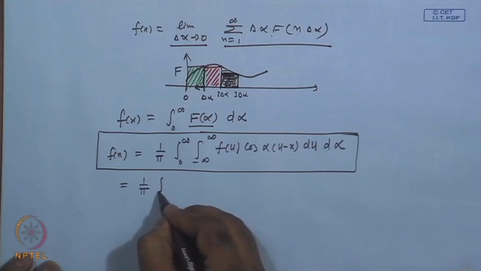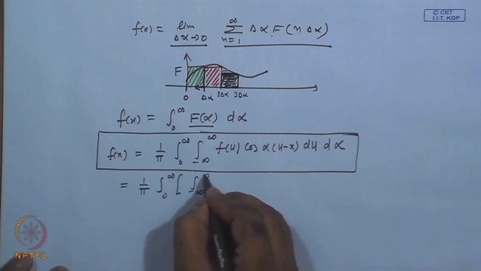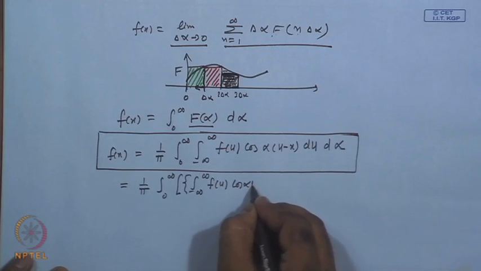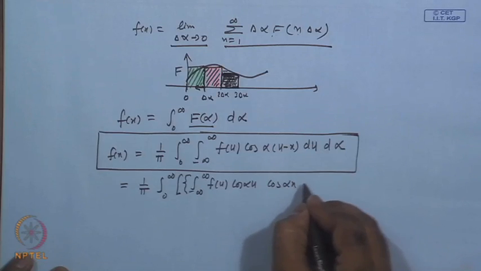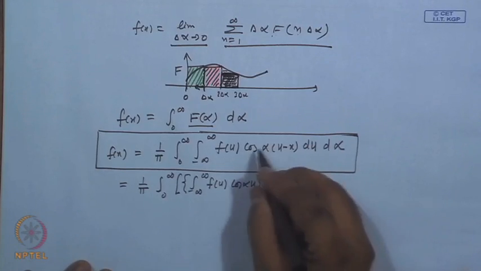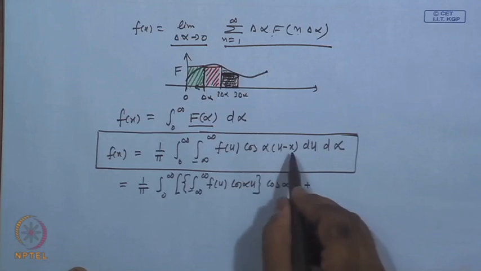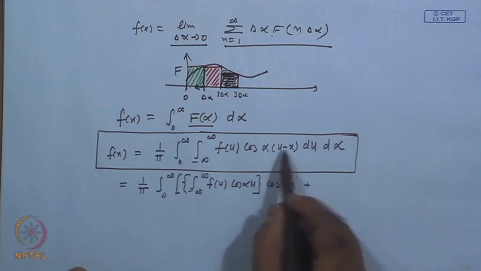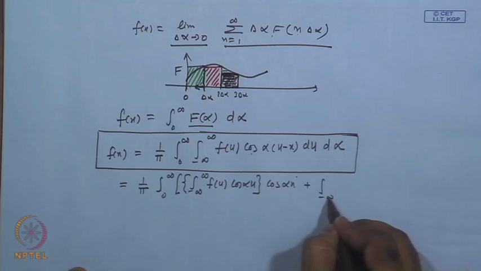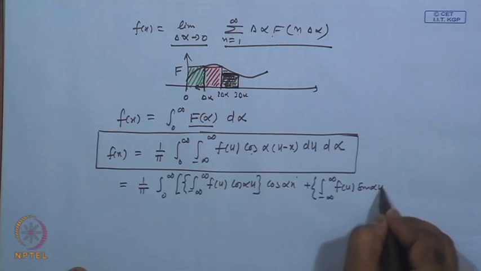form. So, we have 0 to infinity, and then we have minus infinity to infinity f(u) cos alpha u cos alpha x du, plus, so this I can close here, and then we have again the sin alpha u and sin alpha x will go to the second integral, minus infinity to plus infinity, f(u) sin alpha u du.